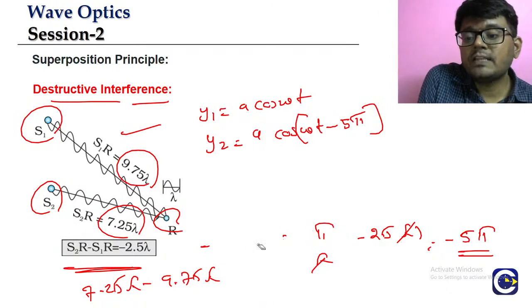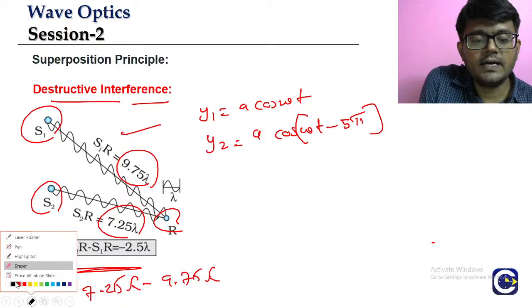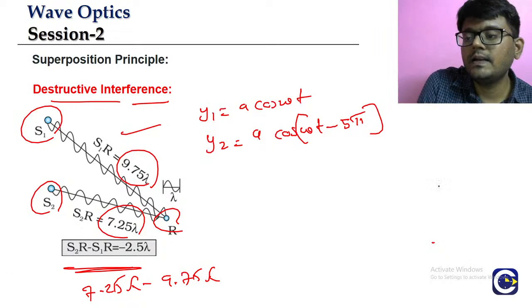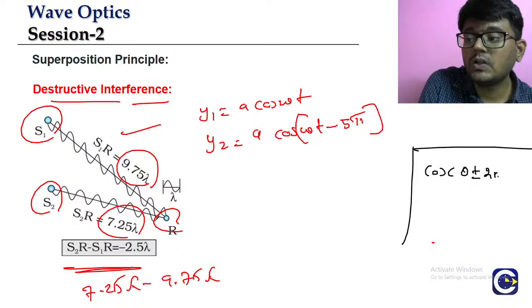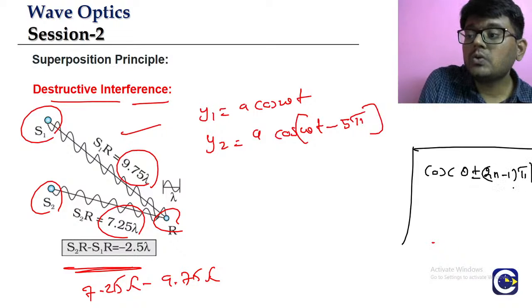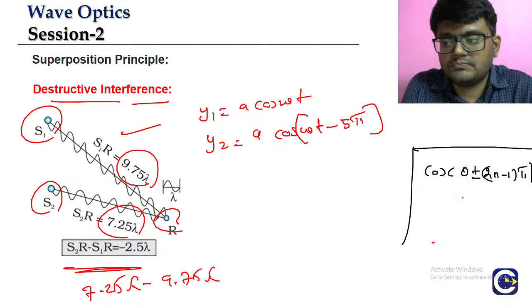Now for the cos, we have another trigonometric identity. What is it? Cos of theta plus or minus (2n minus 1) pi, meaning an odd multiple of pi, where n is an integer.